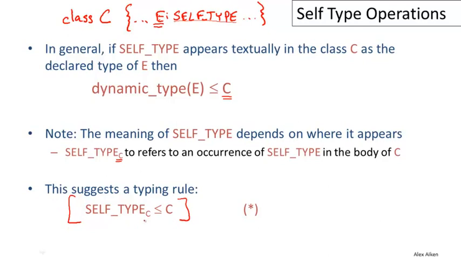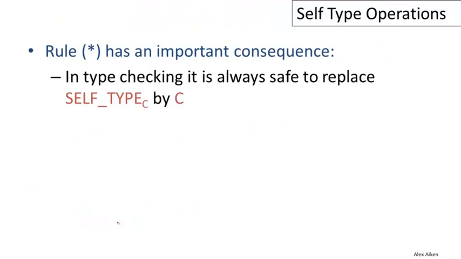The best way to think of an occurrence of self-type is that it's a type variable that ranges over all the subclasses of the class in which it appears. So self-type sub C you should think of as a type variable. It doesn't have a fixed type, but it's guaranteed to be some type bounded by C. So it's going to be only one of the classes that inherits directly or indirectly from the class C. Now that rule, that self-type sub C is a subtype of the class C, has an important consequence.